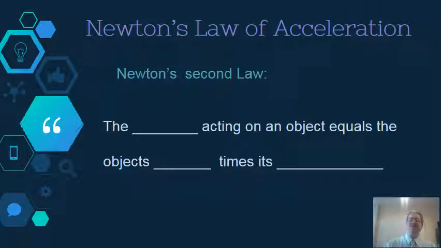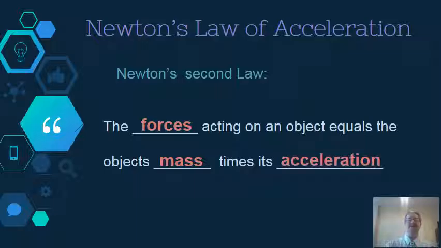Okay, and Newton's second law, so let's get out of the review and into the second law of motion, the law of acceleration. Newton's second law basically tells us that the forces acting on an object equals the object's mass times its acceleration. So force is a mathematical equation.